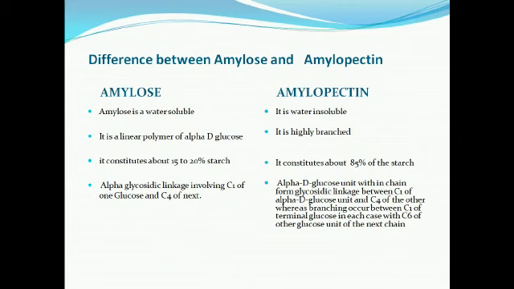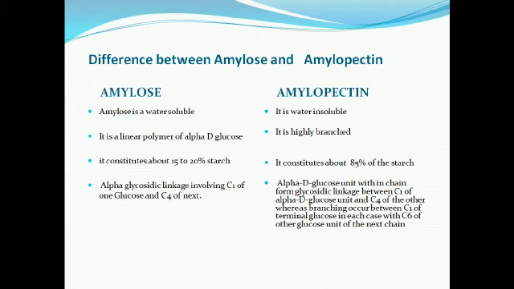Amylose consists of 15 to 20% of starch, but amylopectin consists of about 85% of starch. In amylose, there is alpha glycosidic linkage involving C1 of one glucose and C4 of the next glucose.